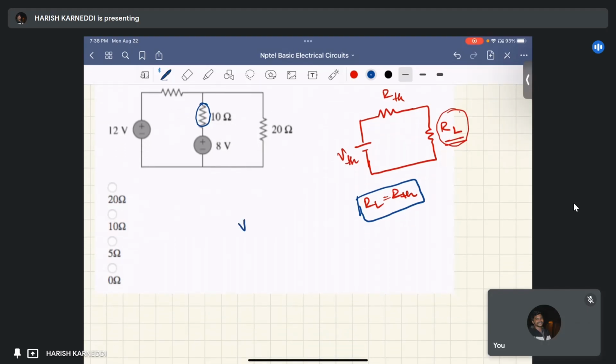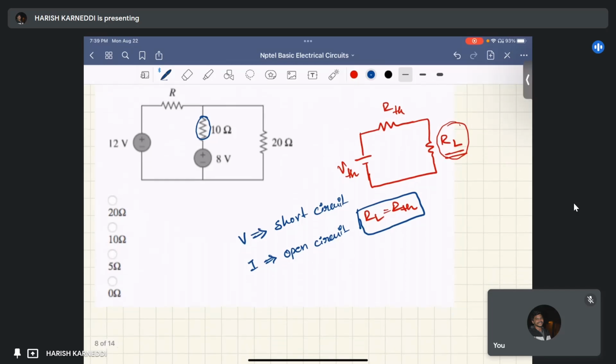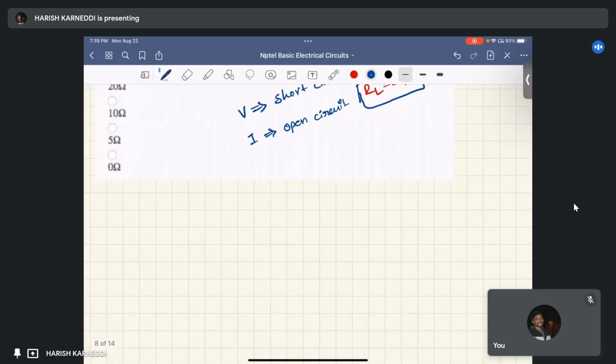That means the voltage source should be replaced with a short circuit, and the current source has to be replaced with an open circuit. Here the two sources are voltage sources only, so we are short circuiting the two sources, and I'm just redrawing the same circuit.